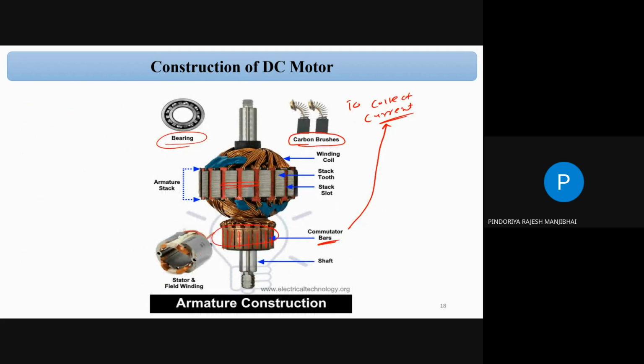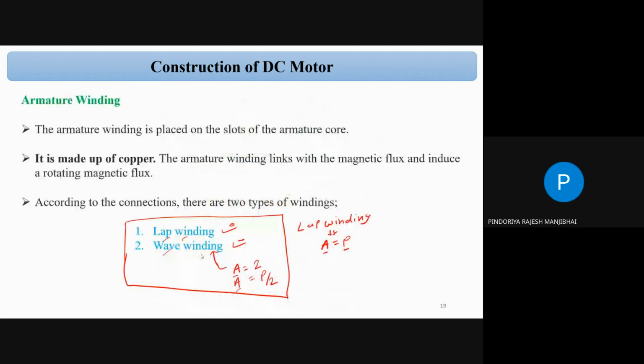Correct? Okay, sir. But sometimes it also rotates with the rotor. It depends on the application where we are using the DC machines. Most of the time, the brushes are fixed and the commutator is rotating with the rotor. But in some applications, the brushes rotate and the commutator is fixed.